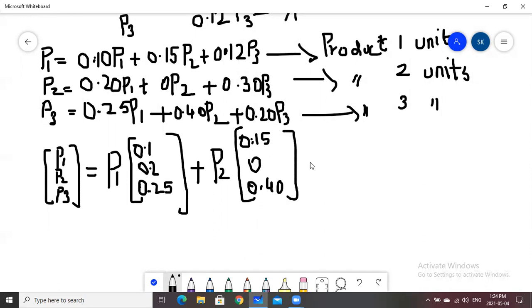And then plus P3, the values of P3 are 0.12, 0.3 and 0.20.